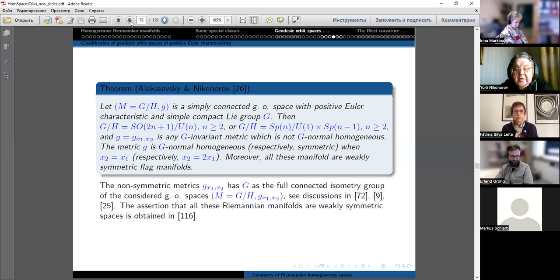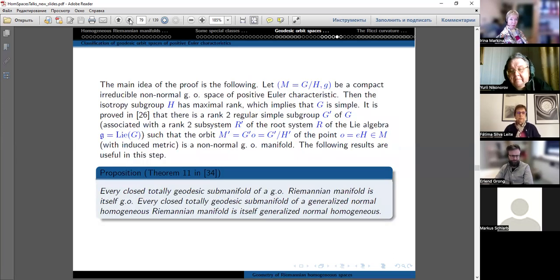And in fact, we should consider some idea how to prove. I explain only the main idea. The main idea is the following. If we have some big space with this property, then we can consider some small subspace, more seriously to say, totally geodesic submanifolds of small dimension.